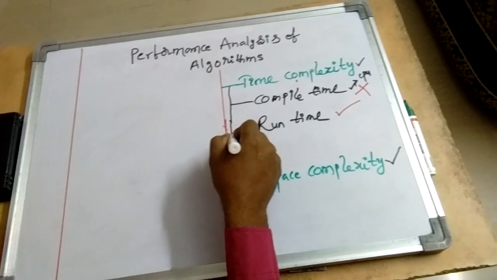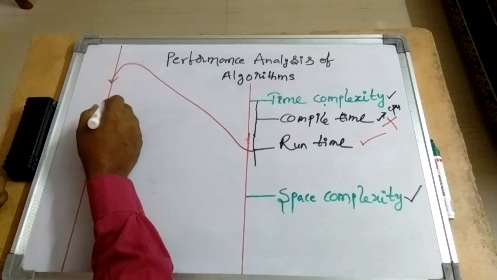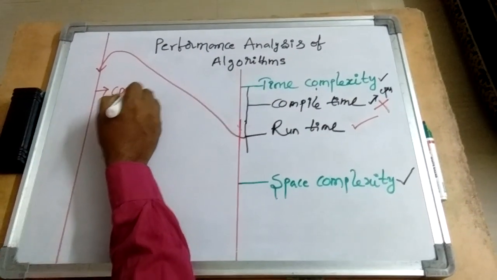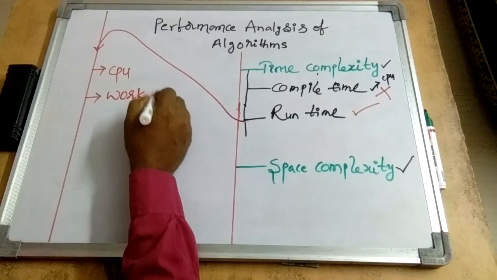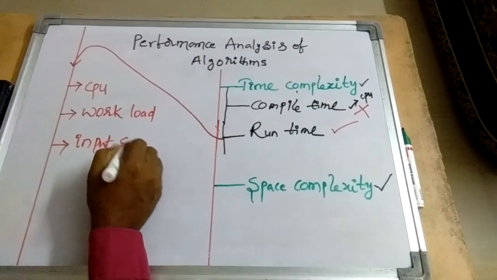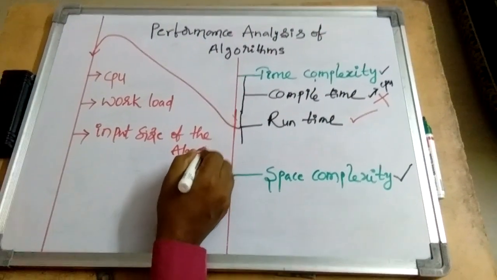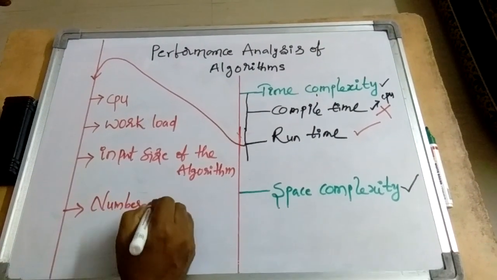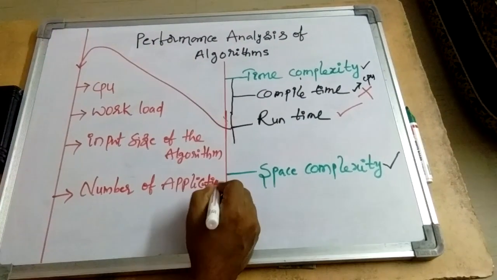Because the program is getting executed by the CPU, the runtime depends upon the CPU, and also upon the workload on the system in which you are running your program, and also the input size of the problem or algorithm, and then the number of applications currently getting executed, that you are parallelly executing along with your algorithm.